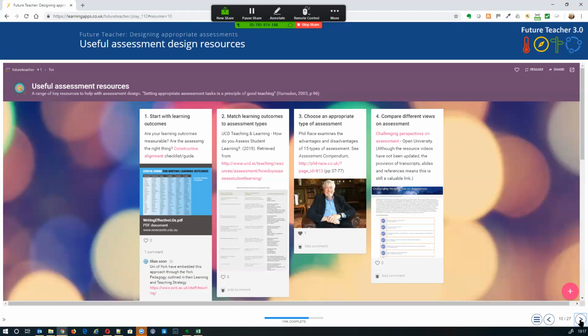A colleague shared with me this very nice visual checklist. I think we all have resources with alternative Bloom's verbs, and it's a really good reminder. When I was making this Padlet, I had put on number 3, for instance, consider an appropriate type of assessment.